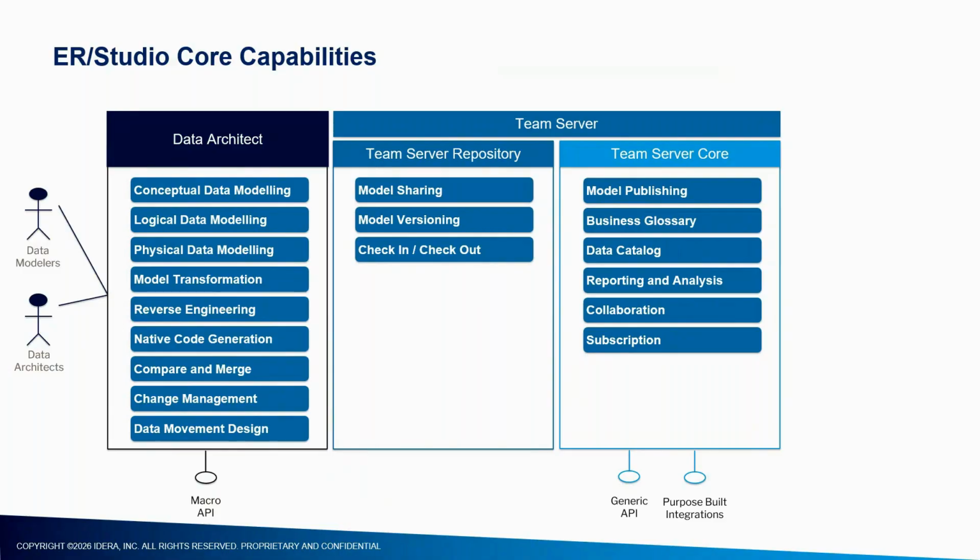And the final component on the right is what we call the Team Server Core component, or the Team Server component. And this actually allows us to take the data models and publish them out to a web portal and a web browser interface. So again, in terms of productivity and being able to share information, that can be a real kind of saving point using that technology to extend it out to a wider audience.